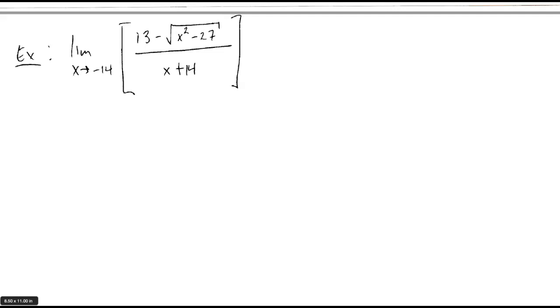So the first thing we should think about is using that conjugate radical technique to see if we can rewrite this in a way that's going to help us out. The reason we want to consider that is that if we just try to evaluate this straight up, notice that -14, if we plug it in right here, is going to give us 0 in the denominator.